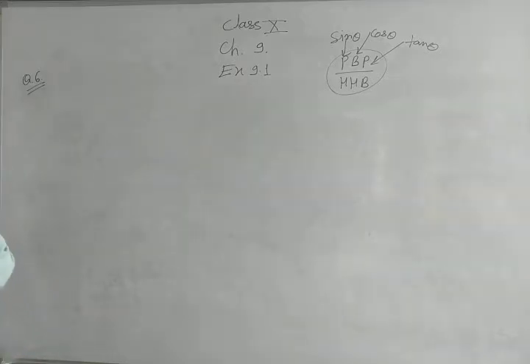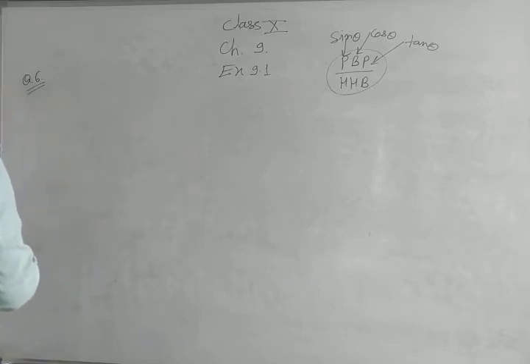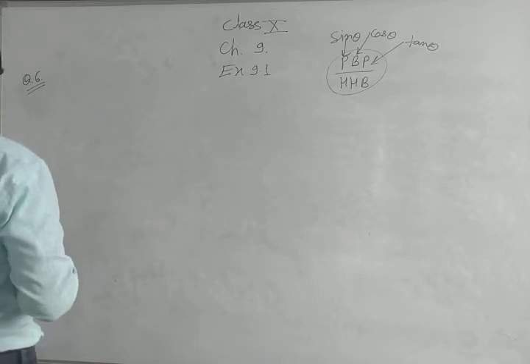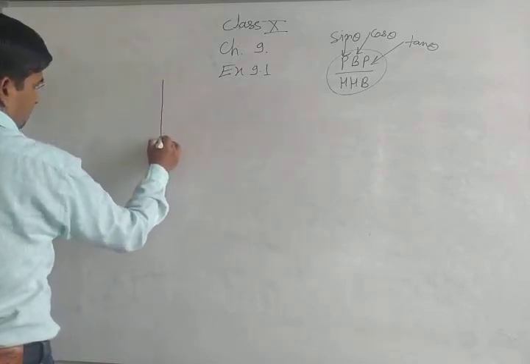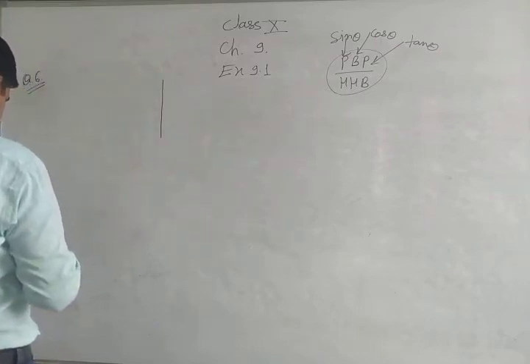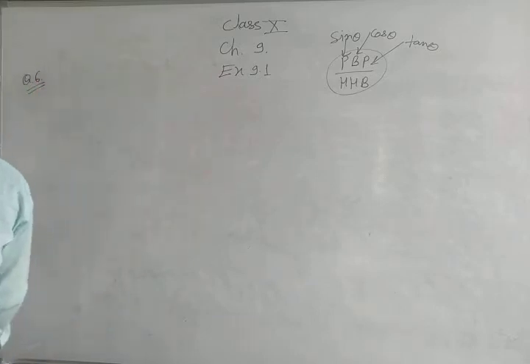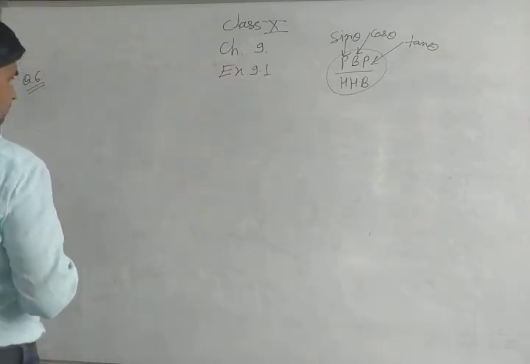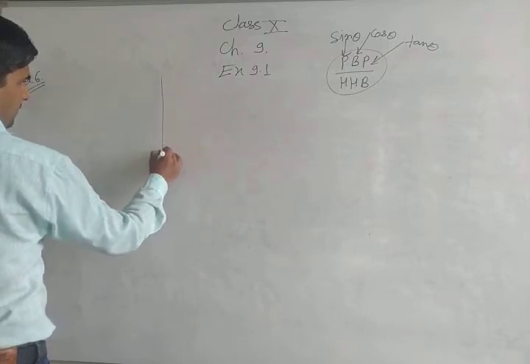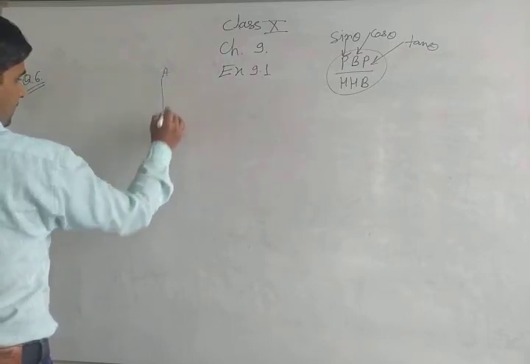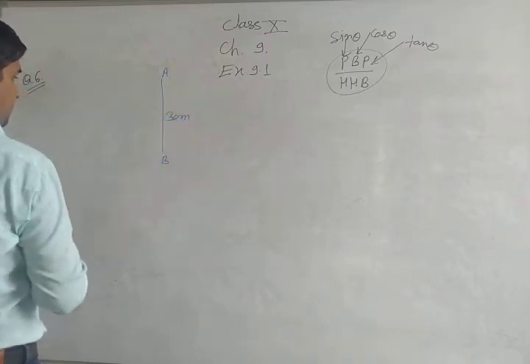Clear? So it is given in your question that a 1.5 meter tall boy is standing at some distance from a 30 meter tall building. So we assume that this is the building, and this one is the height of the building. We assume A, B, and this one is 30 meter.